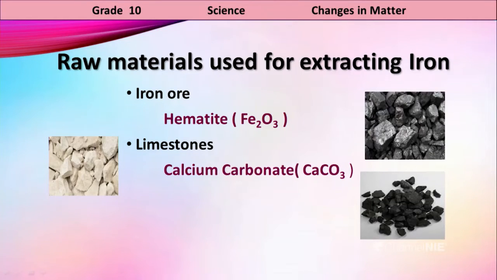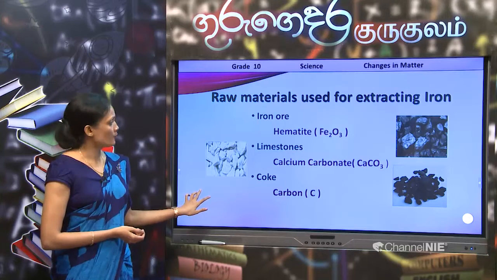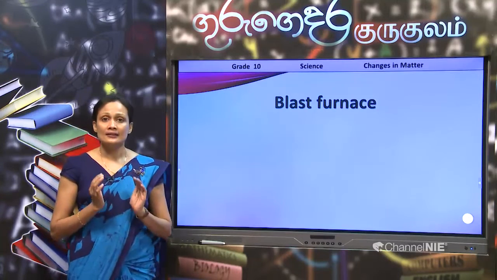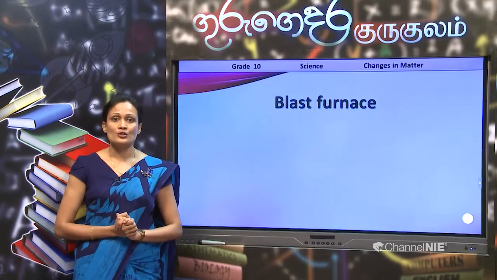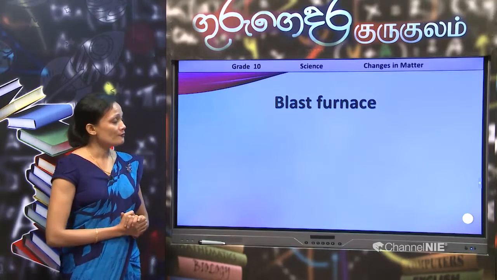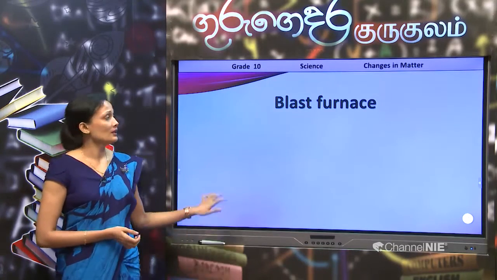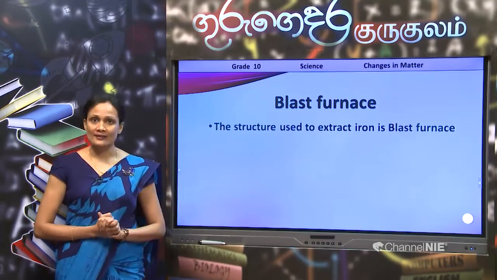Limestone, that means calcium carbonate. Then coke, that means carbon. So we take these raw materials in a certain ratio. After that, we use a special furnace for extracting the iron.